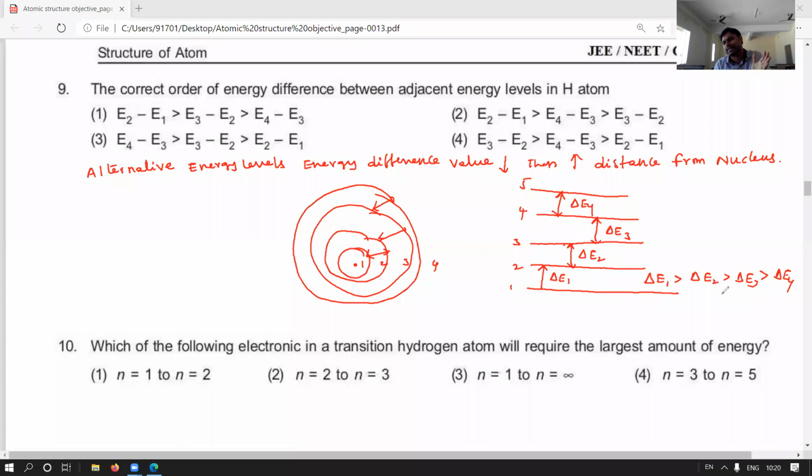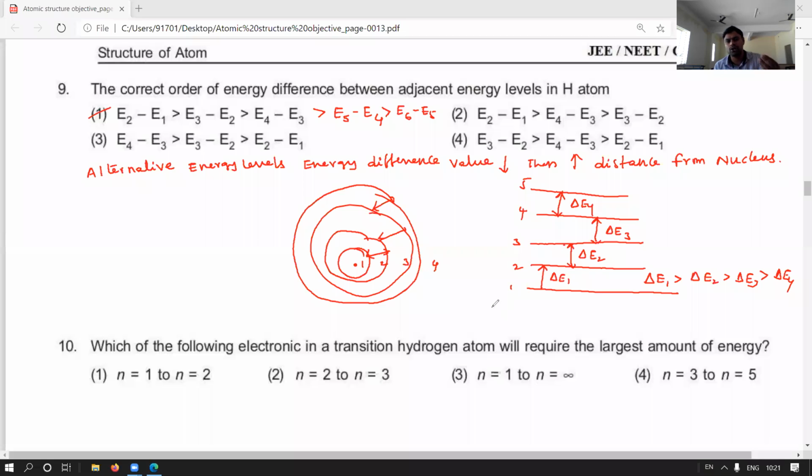It means as the n value increases, the distance from the nucleus increases, then the energy difference decreases. So according to that, E2 minus E1 is more than E3 minus E2, then E4 minus E3, and then E5 minus E4. Like that, we can also write one more, E6 minus E5. Okay, that is the shortcut, ma'am.